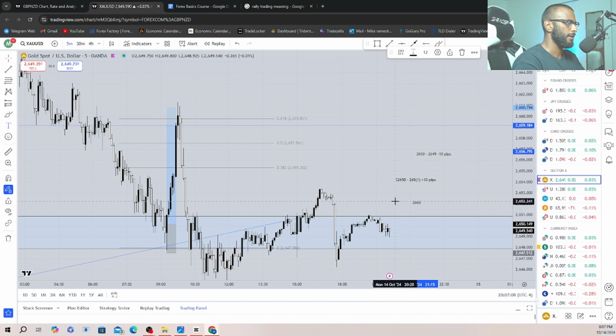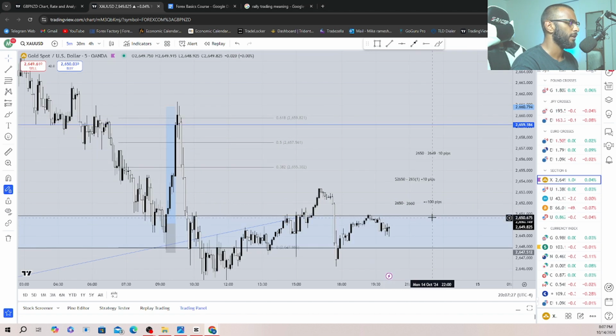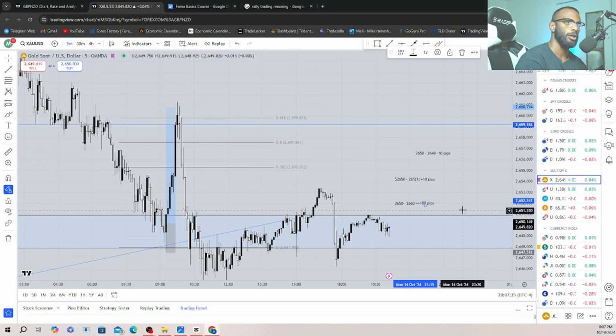Okay, and then here what I was writing is that 26.50 to 26.60 equals plus, okay, I really can't type, guys, but I have good intentions. You know what I'm talking about. So this doesn't look too pretty, but you guys get the point, right? 26.50 to 26.60 is going to be plus 100 pips. 26.50 to 26.51 is plus 10 pips.